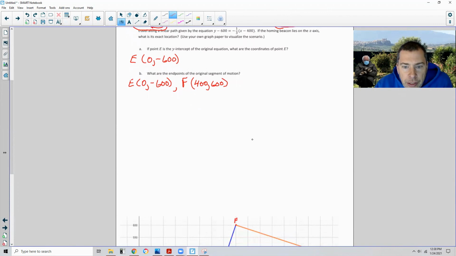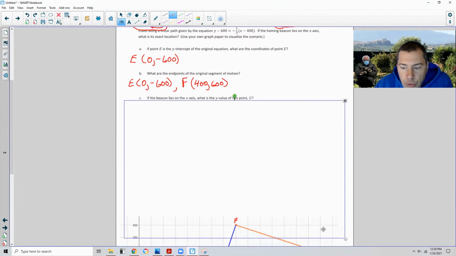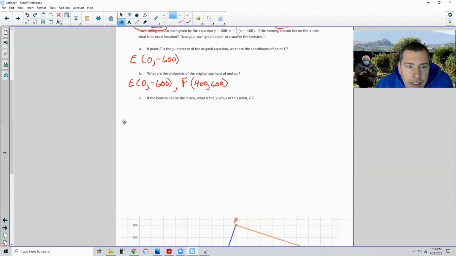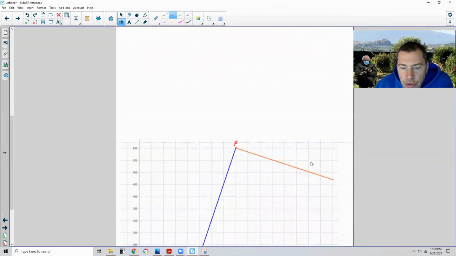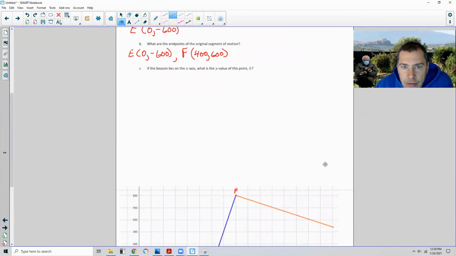Okay, moving along, let's move this down to the next question. If the beacon lies on the x-axis, what is the y value of point G? They're saying if this beacon is on the x-axis, what is the y value of this point G?